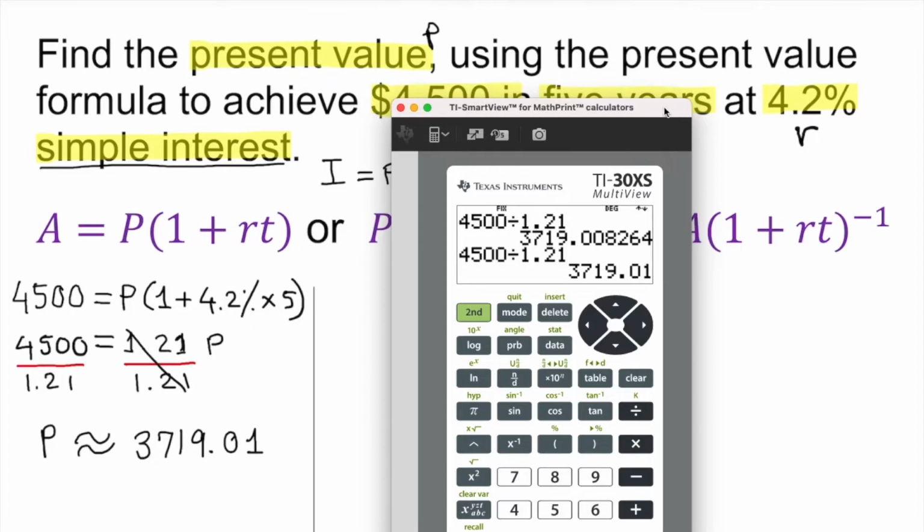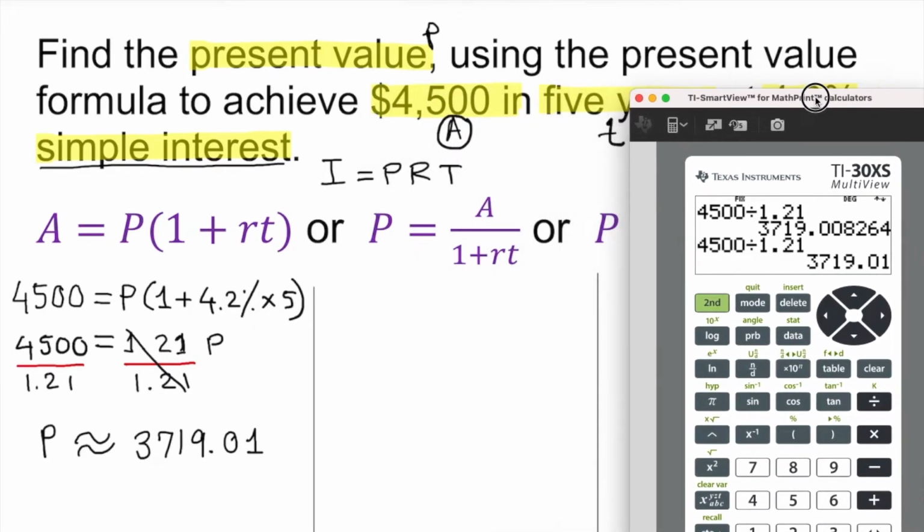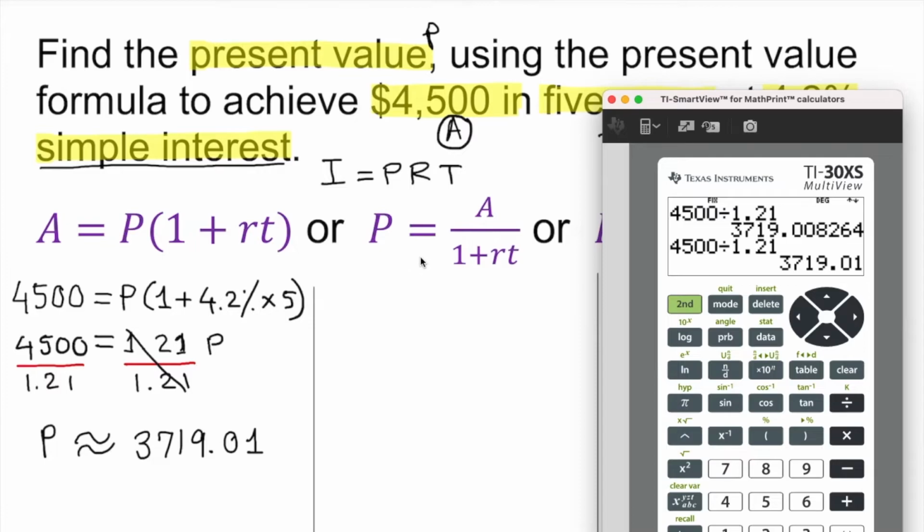So this is fine. Or if you want to use the present value formula, it is still going to work the same way. P is going to be A over 1 plus RT. A in this case is 4,500, so we substitute: 4,500 over 1 plus R, the rate in this case 4.2%, times 5.